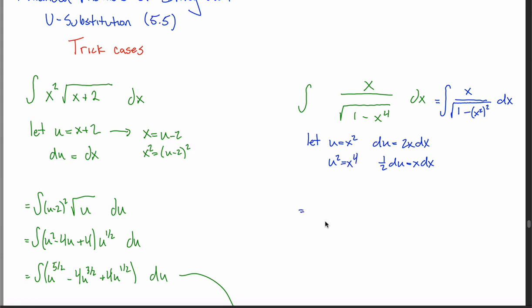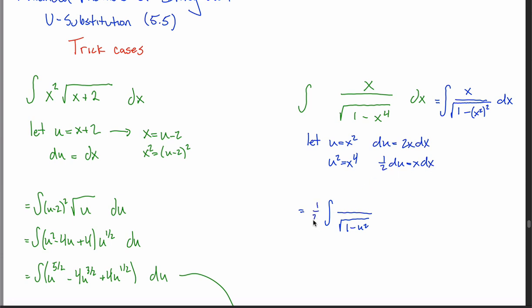So let's see, using all these substitutions, I'll make sure I leave plenty of room for everything. I have the square root of, and then instead of 1 minus x to the fourth, I could say it's 1 minus u squared. And then up in the numerator here, instead of an x, I can say, well, x and the dx go away if I introduce a 1/2 and a du.